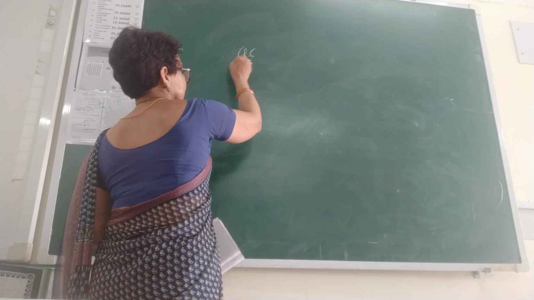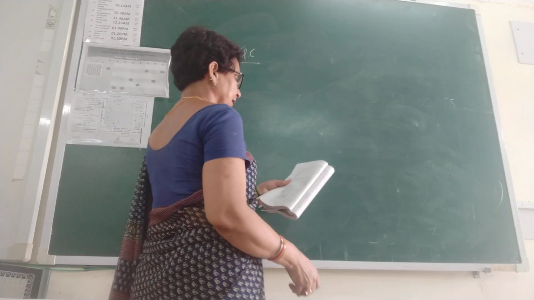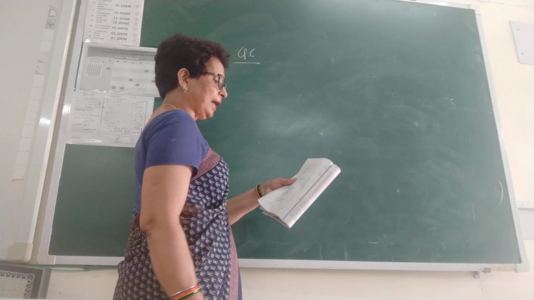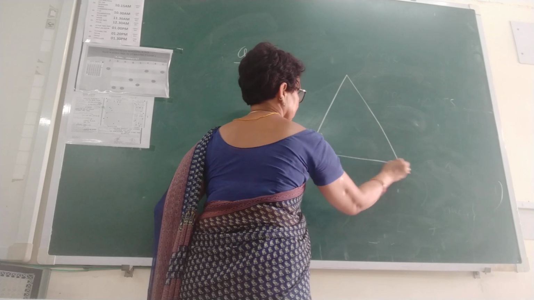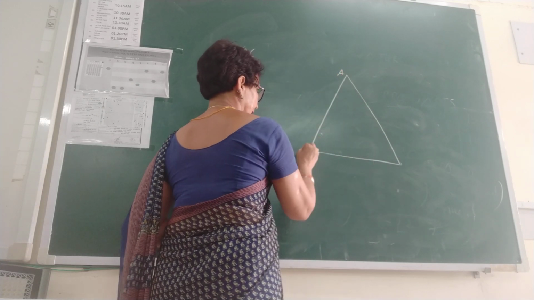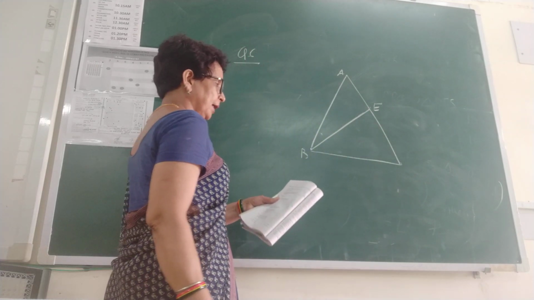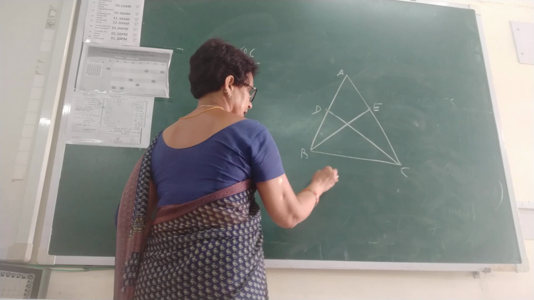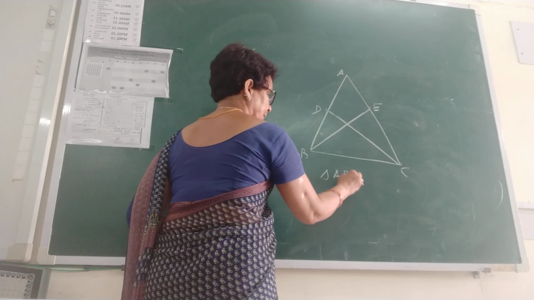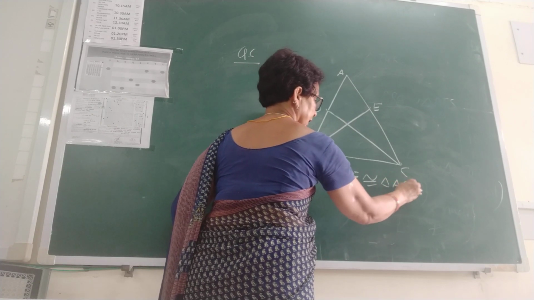Question 6. In the figure, triangle ABE is congruent to triangle ACD.